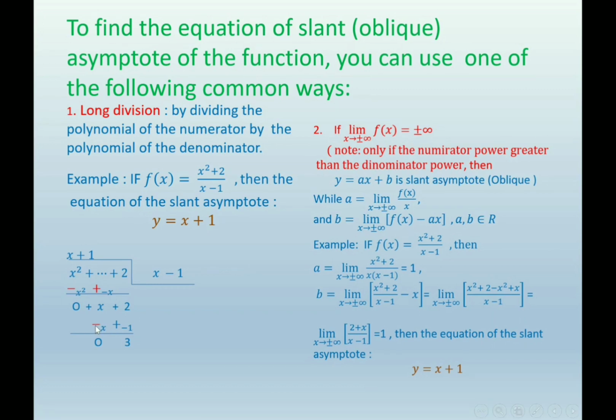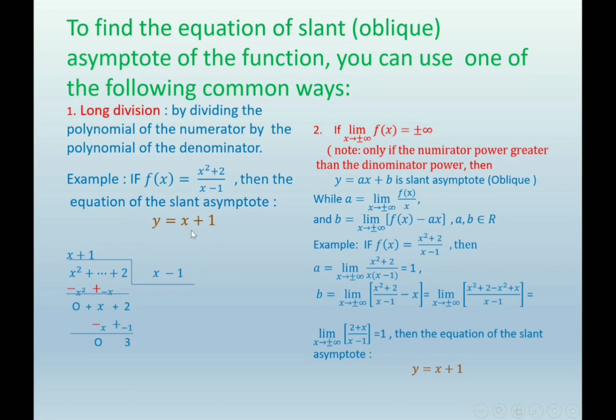Change the signs from positive to negative and from negative to positive, and then subtract. Plus x minus x is 0, and 2 plus 1 is 3. Now you get the quotient of your division, which is x plus 1, the equation of the slant asymptote.